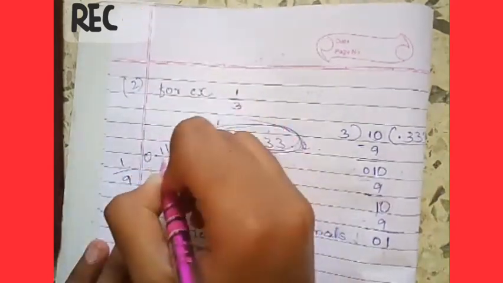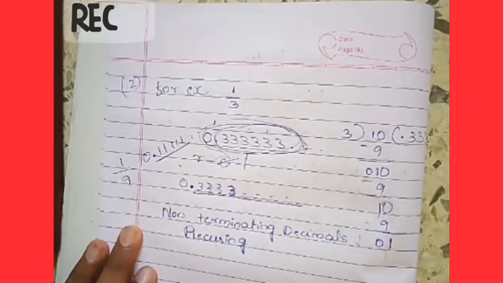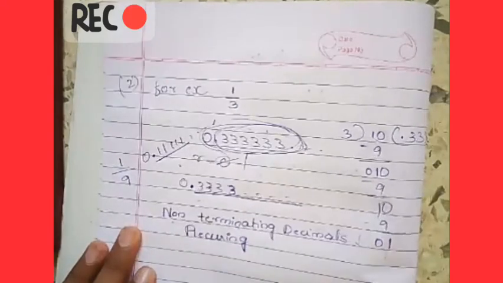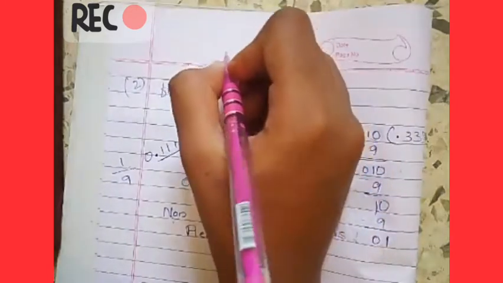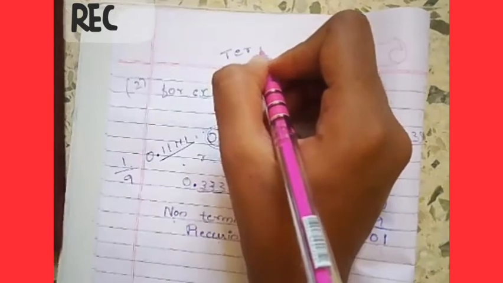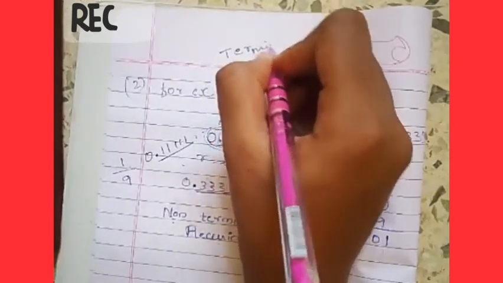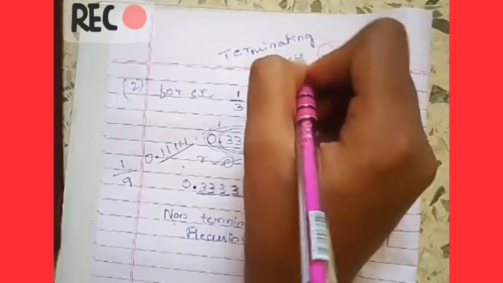So infinite numbers after the decimal point means non-terminating. If there are finite numbers after the decimal point, that means terminating, as you have seen in the first category. Terminating decimals.